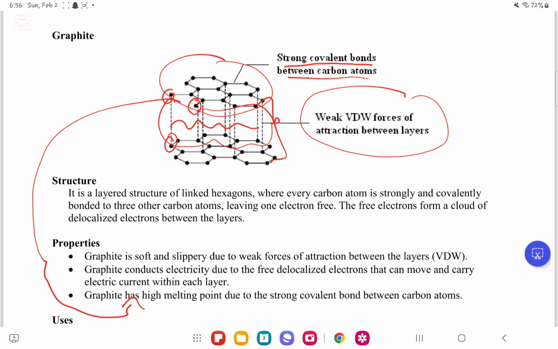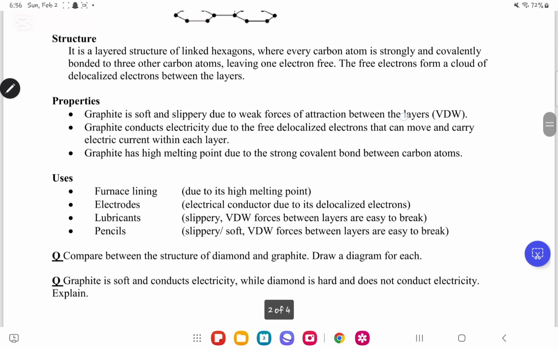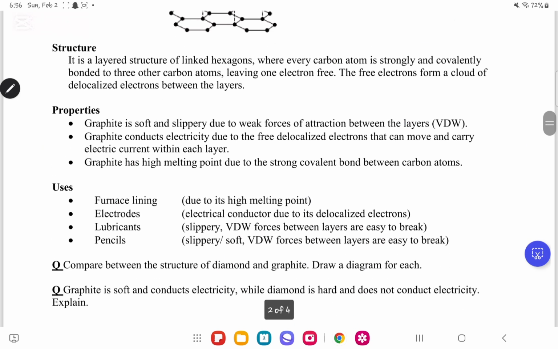And because the electrons are free, there are free delocalized electrons, it will carry a current. That's pretty much it for graphite. Some uses of graphite are furnace lining, electrodes, lubricants, pencils, etc.